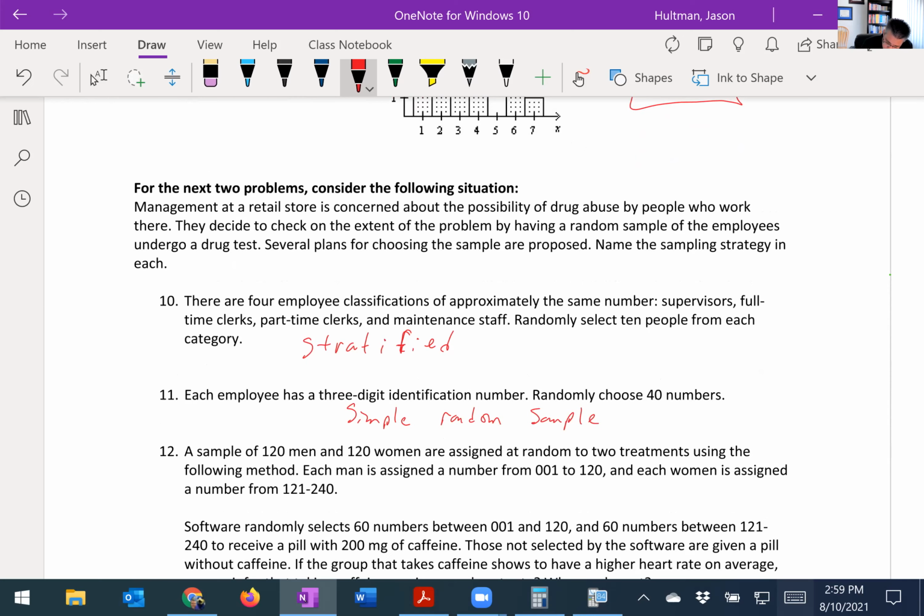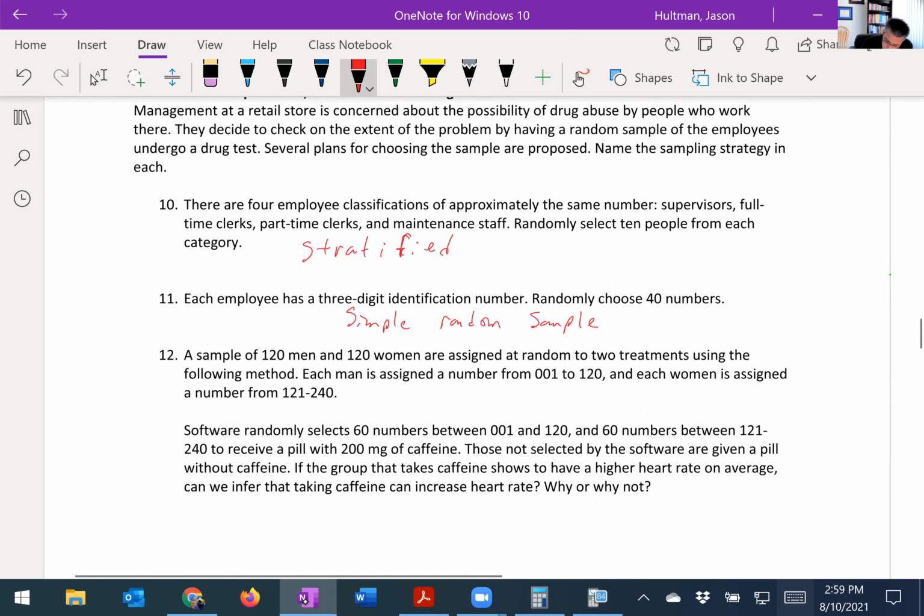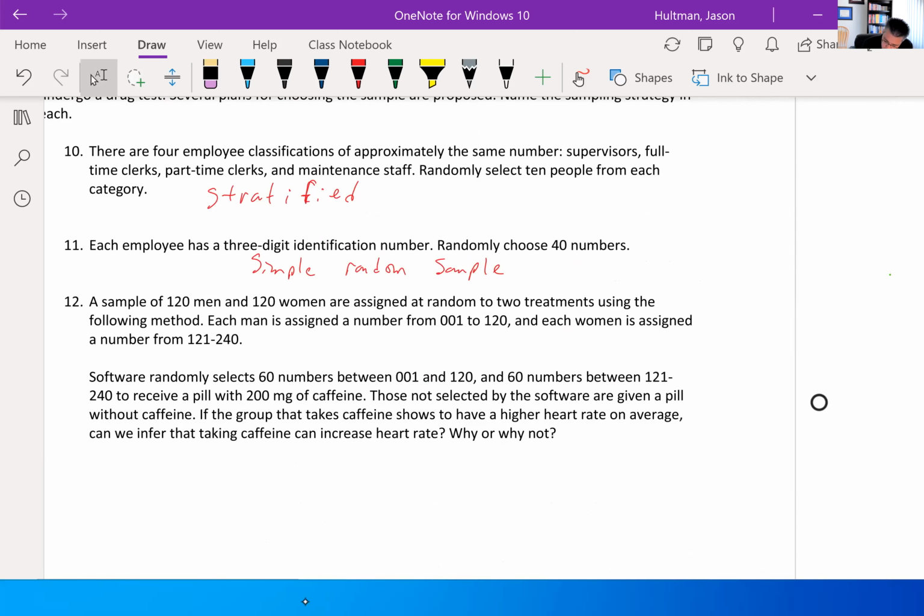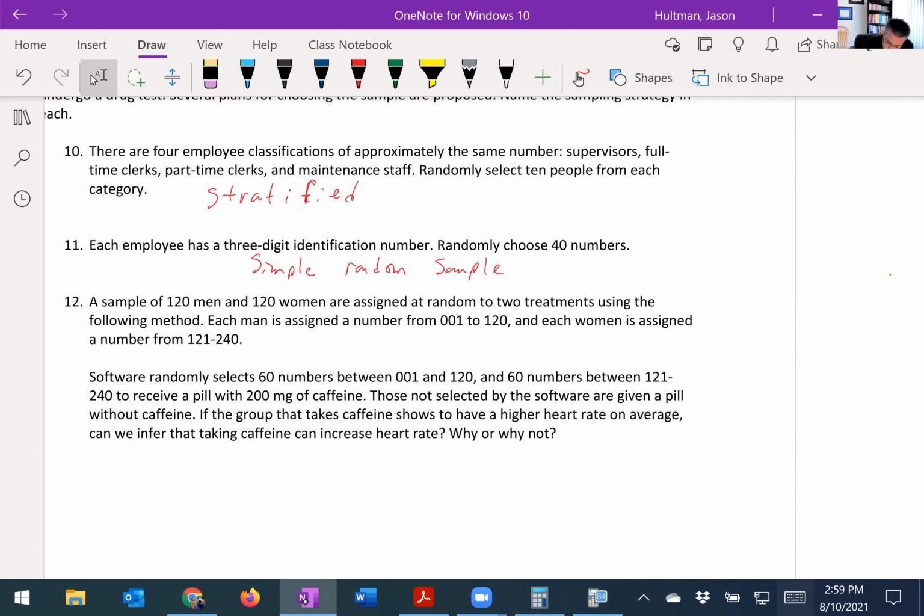Okay, sample number 12. A sample of 120 men and 120 women are assigned at random to 2 treatments using the following method. Each man is assigned a number 1 to 120, and each woman is assigned a number 121 to 240.